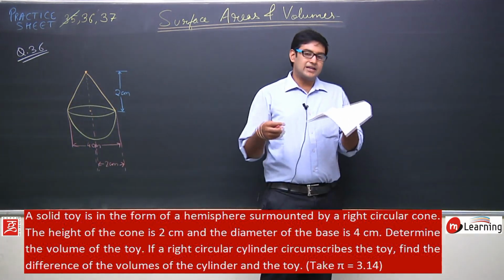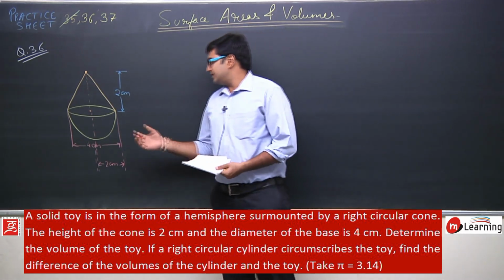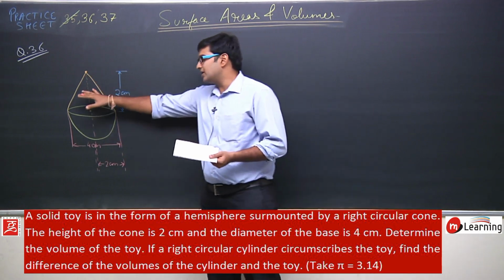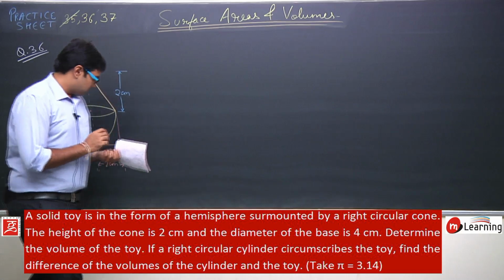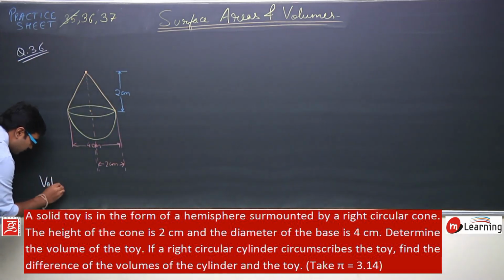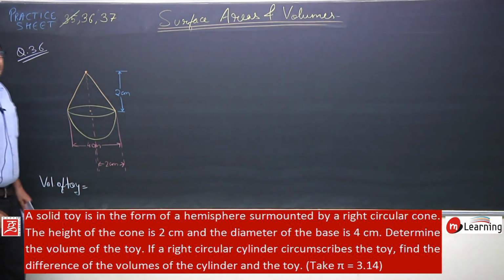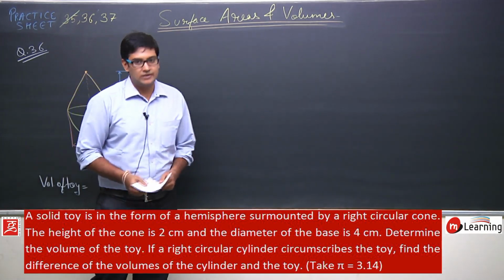It says then determine the volume of the toy. So I can see this solid figure is made up of 2 different solid figures. One is a cone and another is a hemisphere. So definitely, if I talk about volume of toy, then volume of toy will be the sum of volumes of 2 different solid figures.